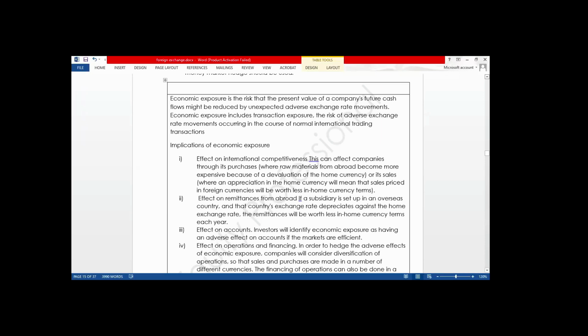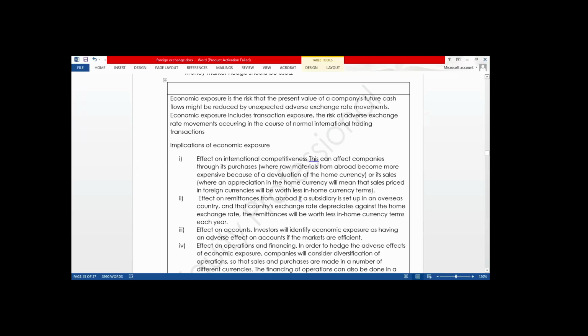Implications of economic exposure. Look at it. Effects on international competitiveness, effect on remittances, effect on accounts, effect on operations and financing. Please, guys, try to understand these concepts.